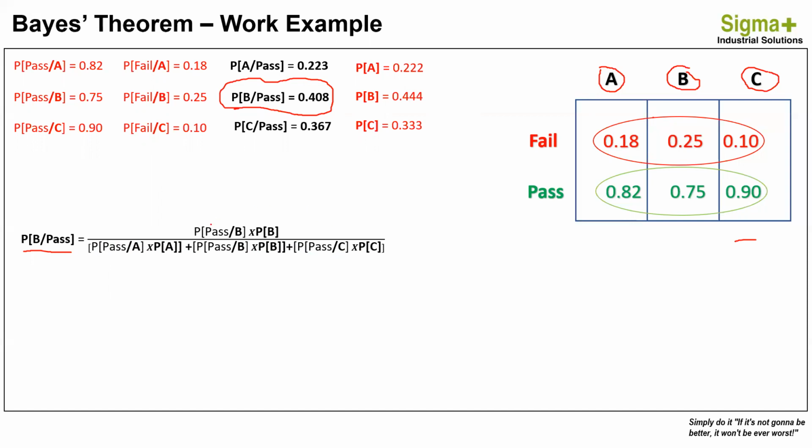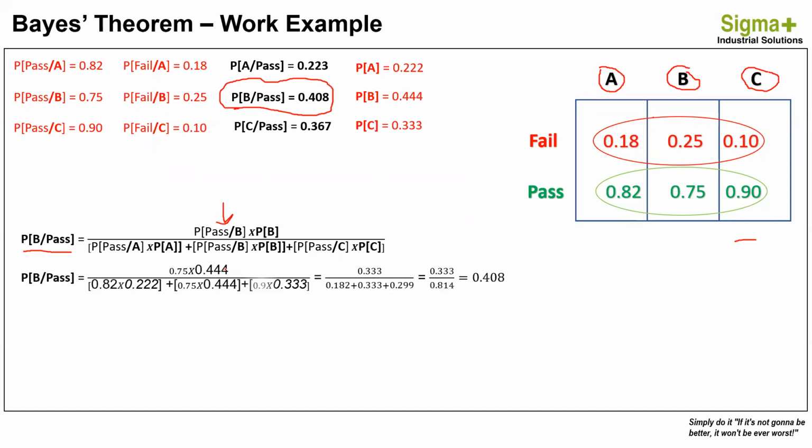Okay, so based on that, most of those data could be easily found. The probability of pass subjected to B is 75%, right? Multiplied with the probability of B, which also was easily found, and it was 44.4%, divided by the probability of pass subjected to A, which is 0.82, right?